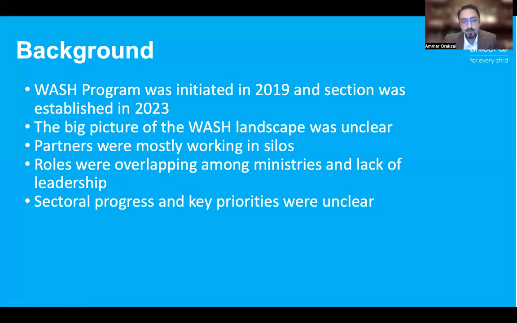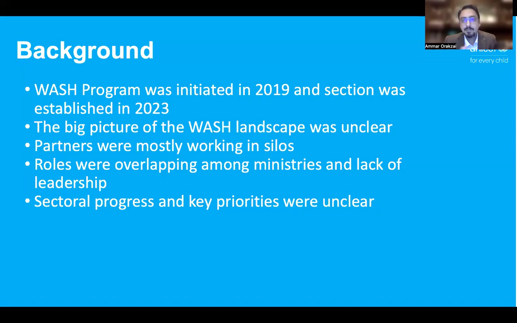So to give you a quick background, UNICEF in Tajikistan has an intermittent history of working on WASH, but recently the program on WASH was initiated in 2019, and then a full-fledged program was established in 2023, only 1 year ago. At that time, when UNICEF was positioning itself, we also understood that the big picture of the WASH landscape in the country was unclear.